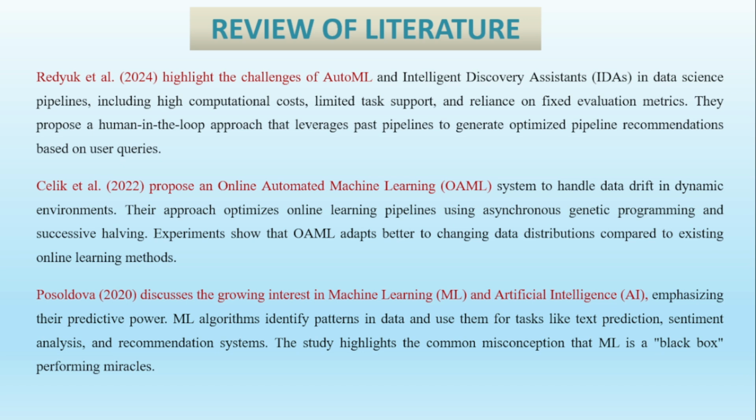Now, the misconception in this paper is that many people think machine learning is a black box that magically finds solutions. Not at all. In reality, it works by identifying patterns in data and applying learned rules. This is totally based on past experience.